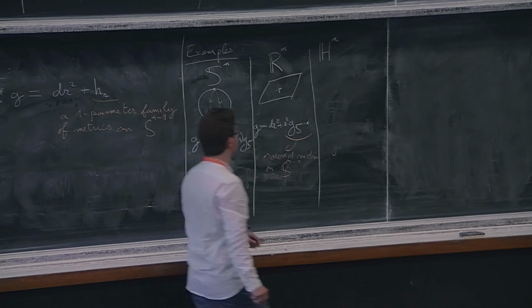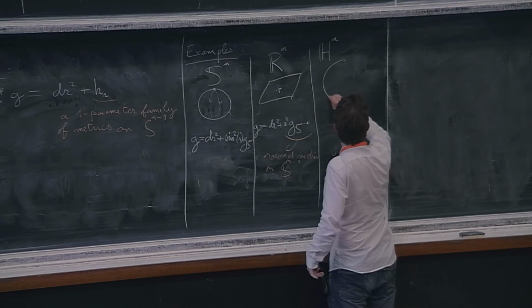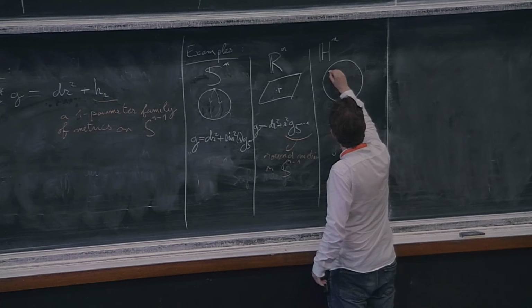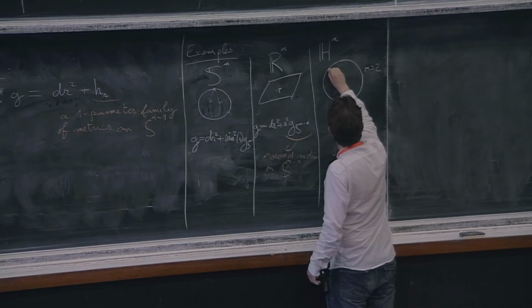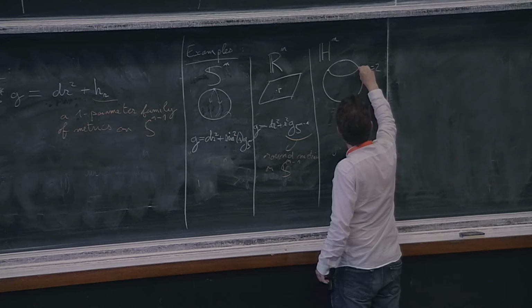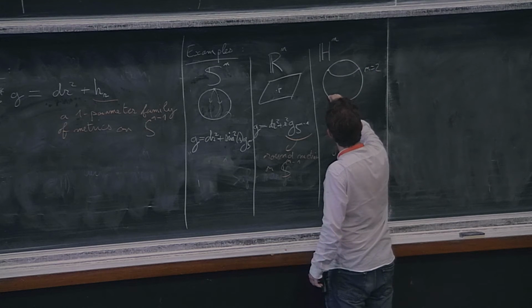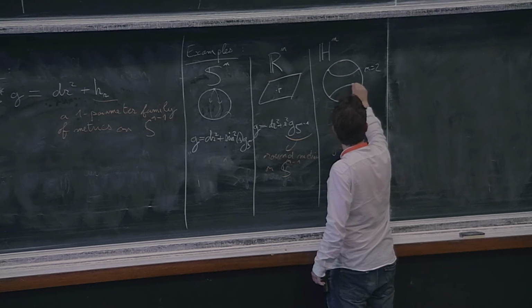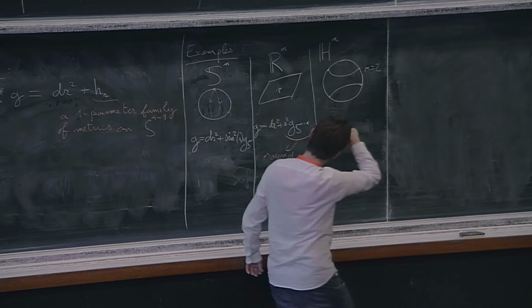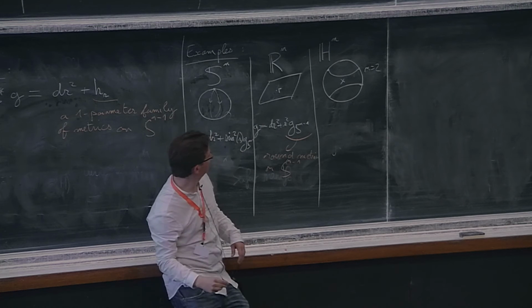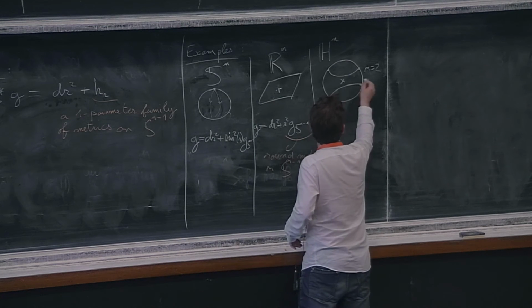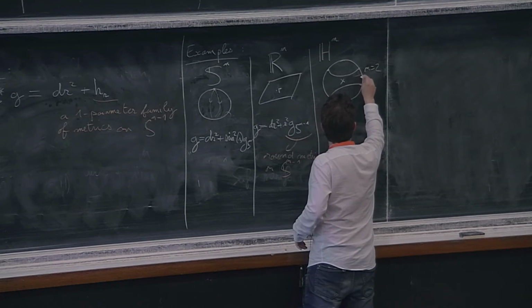Well, in the n equals 2 case, it's probably the best way to visualize it. It's some metric on the disk where there's a lot of parallel... This is where it's coming from.